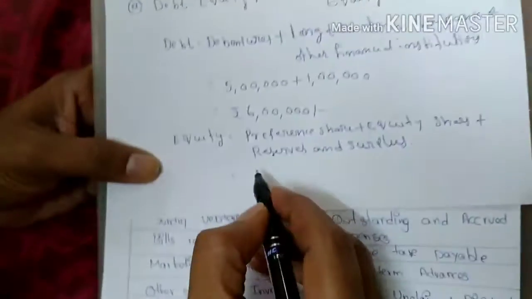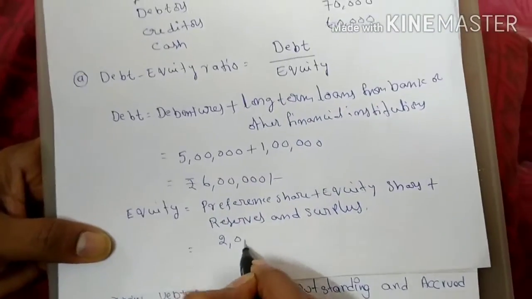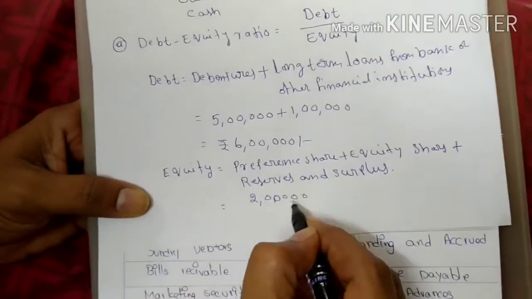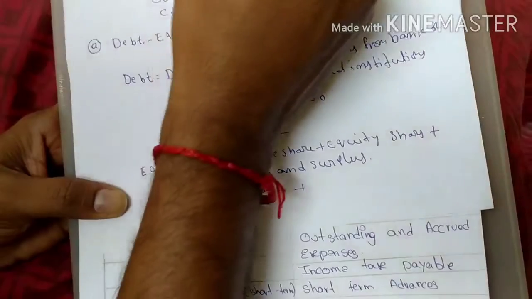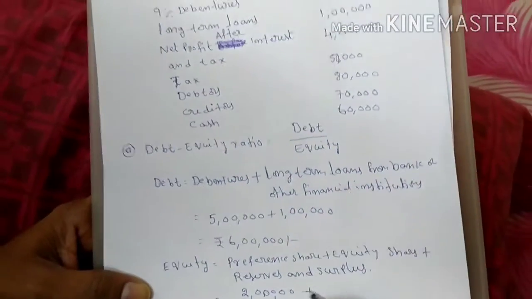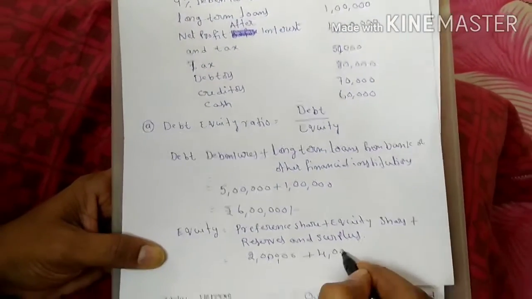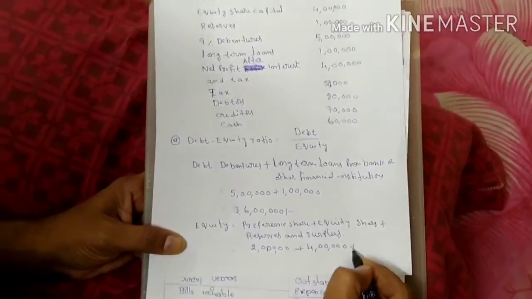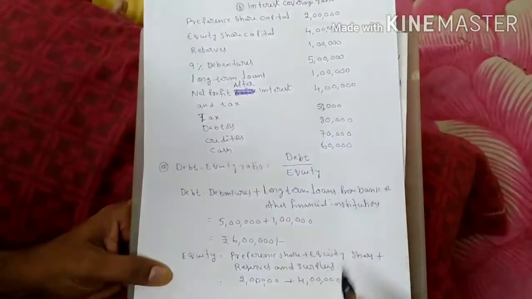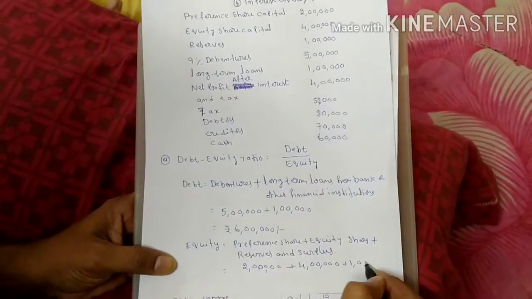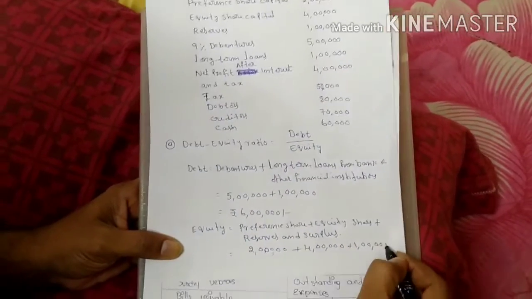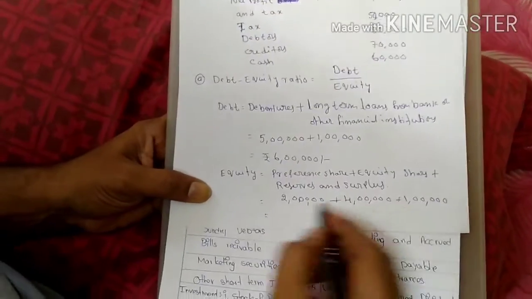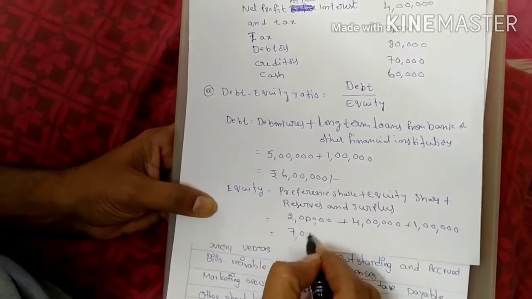So here preference shares 2 lakh rupees plus equity share capital 4 lakh rupees plus reserves and surplus 1 lakh rupee, that is equal to 7 lakh rupees.